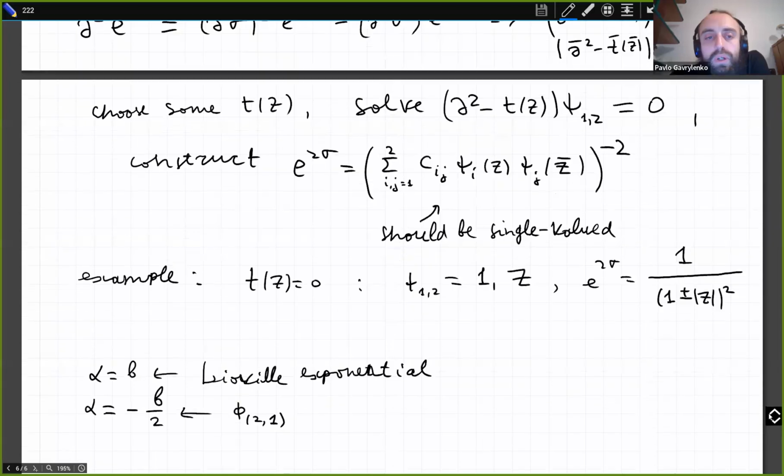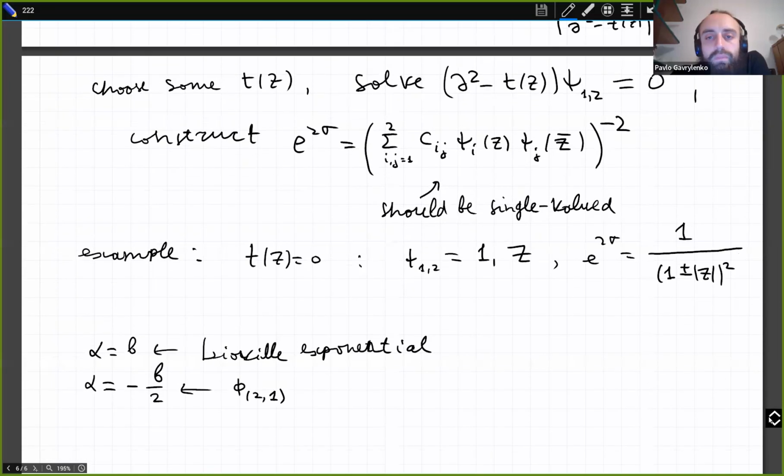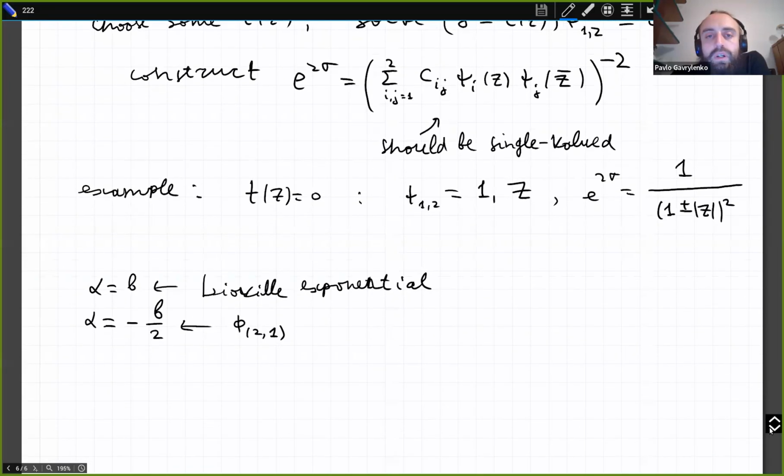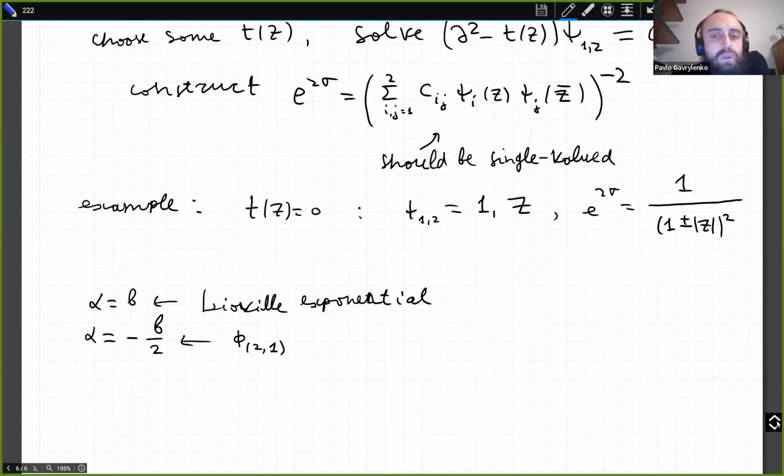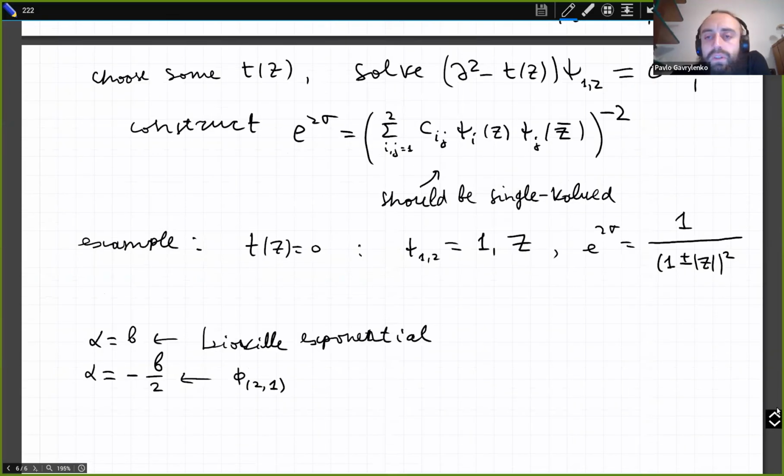And also we can consider this equation with some singularities.